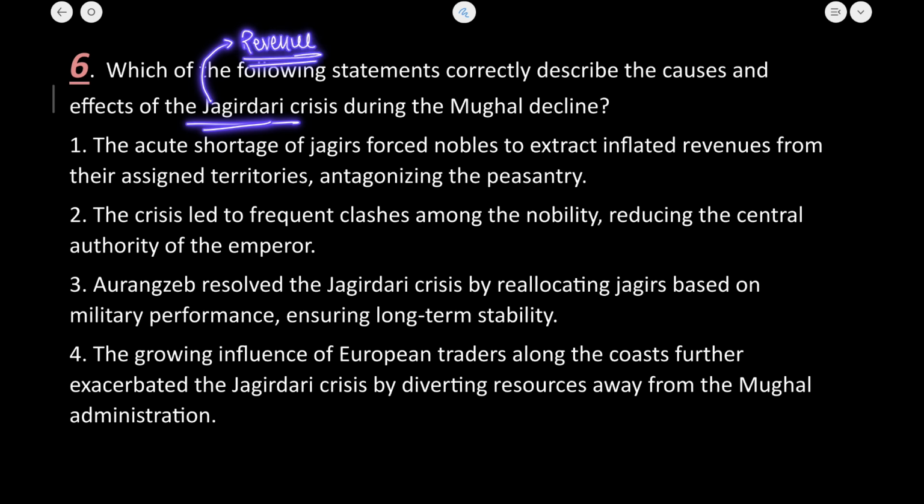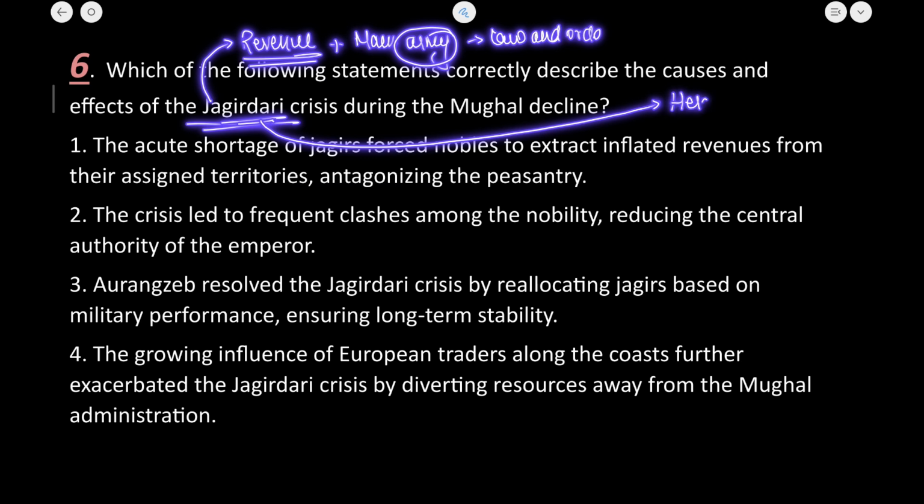The Jagirdars were also supposed to maintain an army, meaning they maintained soldiers. For what purpose? For maintaining law and order. But were the Jagirdari rights hereditary or not? No, these were not hereditary. They were based on the performance of the Jagirdars.